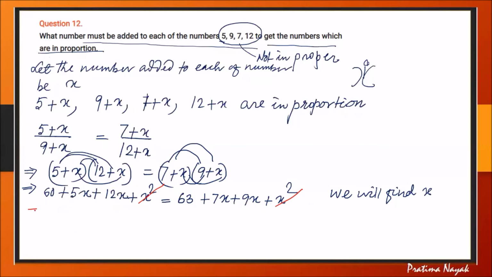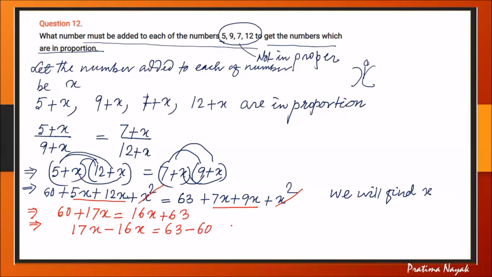More simplification: this will be 5x plus 12x, 17x. And this side it will be 7 plus 9, 16x plus 63. So 17x minus 16x, and I'll take the number to the right side, so 63 minus 60. So what I'm getting? I'm getting x is equal to 3. So what is the number? The number to be added is 3. So 3 must be added.